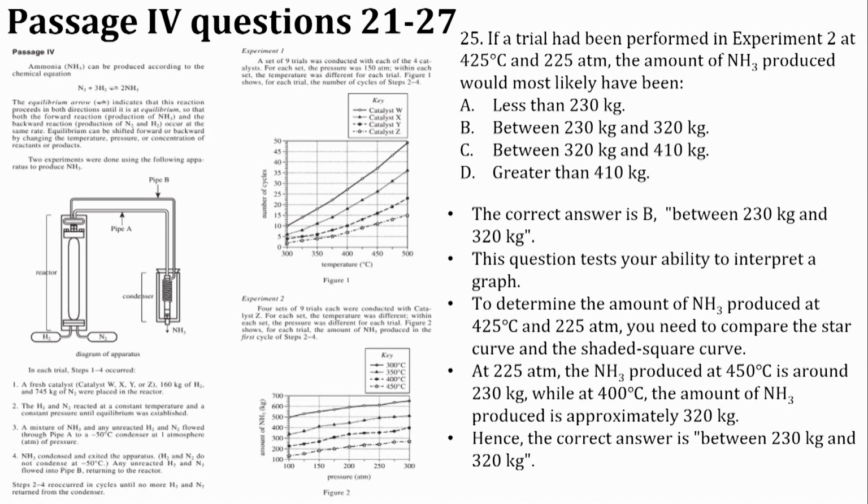To determine the amount of NH3 produced at 425 degrees Celsius and 225 atmospheric pressure, you needed to compare the star curve and the shaded square curve. At 225, the NH3 produced at 450 degrees Celsius is around 230, while at 400 degrees Celsius, the amount of NH3 produced is approximately 320. Hence, the correct answer is between 230 and 320.